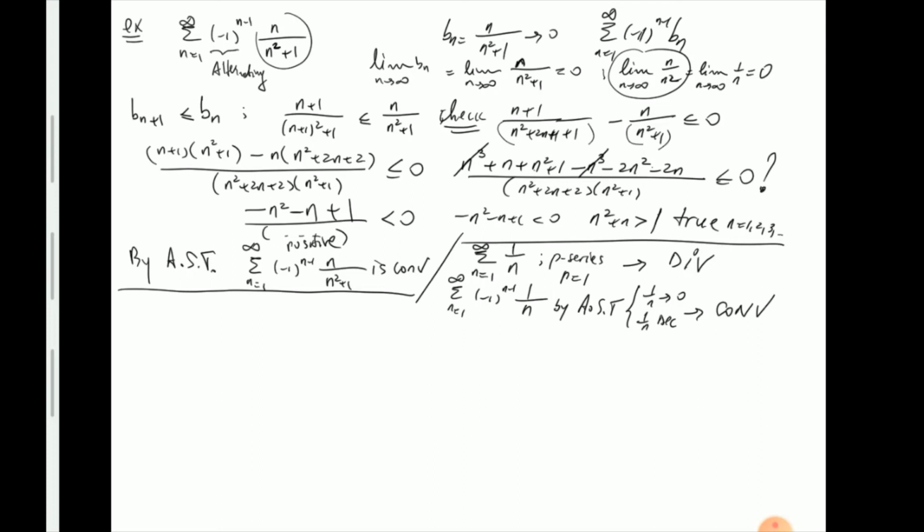It's quite difficult in general to figure out what that limit is if it's convergent.